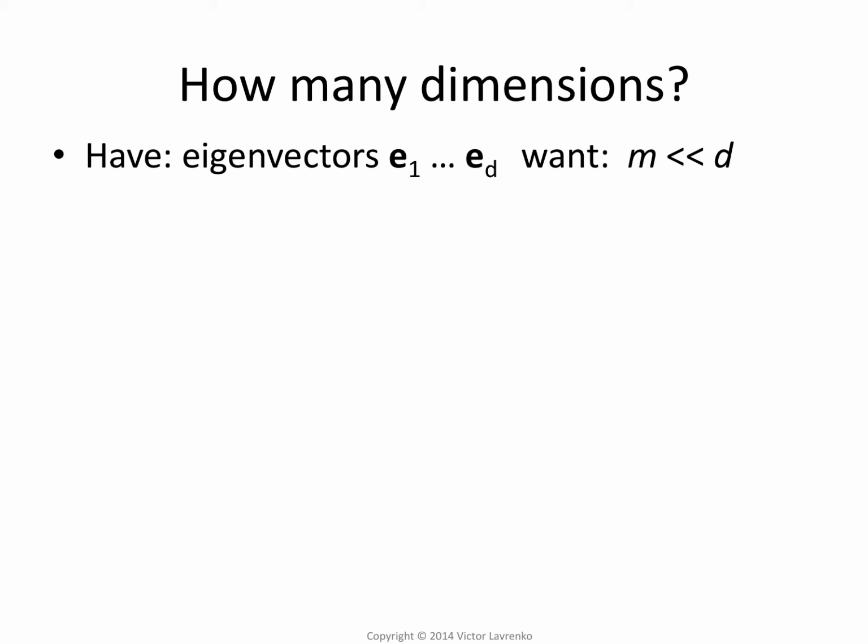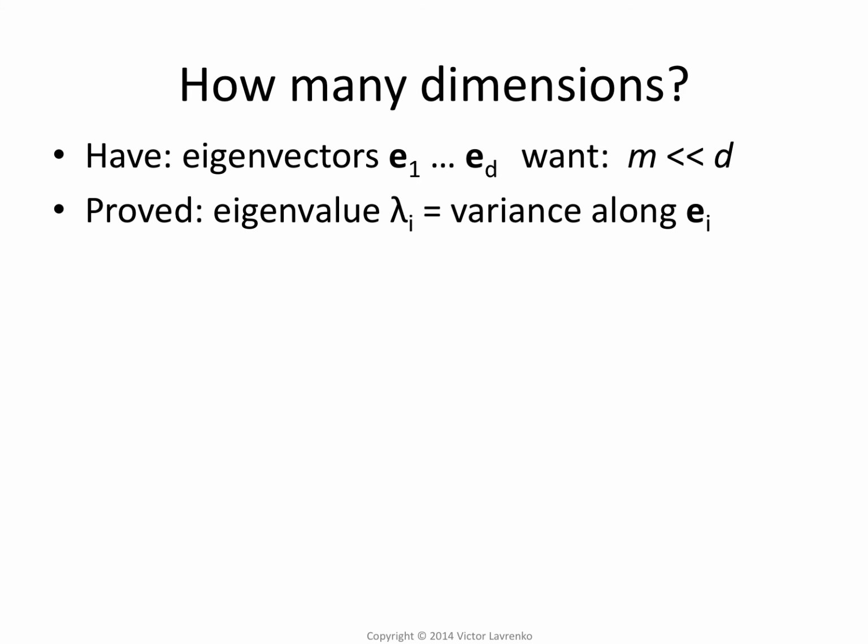So which dimensions, which eigenvectors do you pick, and how many of them do you pick? And you can get the answer just by looking at the eigenvalues. Remember, each eigenvalue tells you exactly how much variance you're going to capture along that eigenvector.